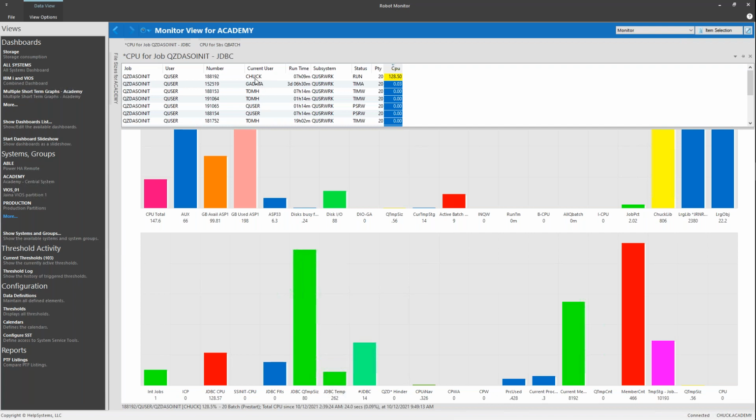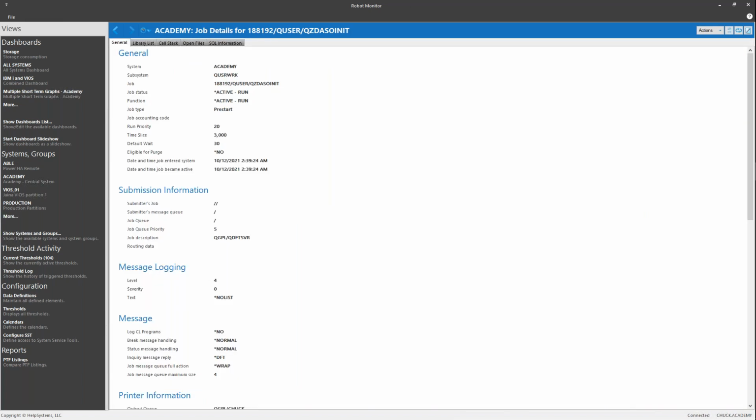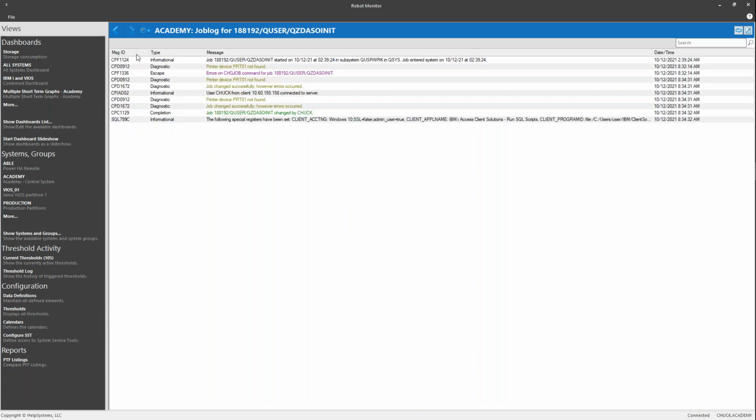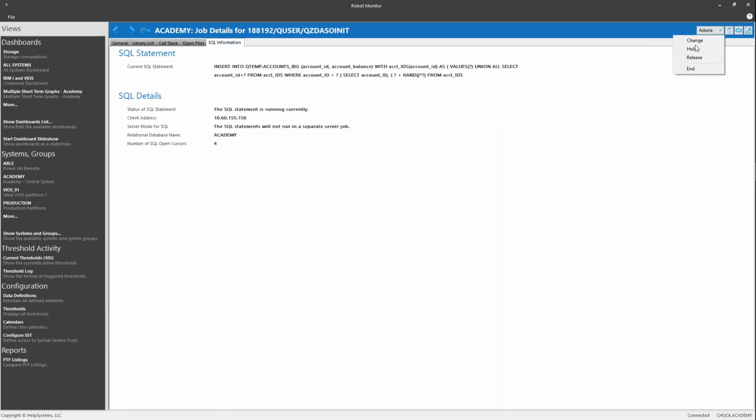So these are the jobs that are constituting that workload, and you can see that some guy submitted a request. We can see when it was submitted, and we can also see the SQL statement and the IP address as to where it came from, and we have the ability even to drill down into the job log, all from this interface. And likewise, I can take action.